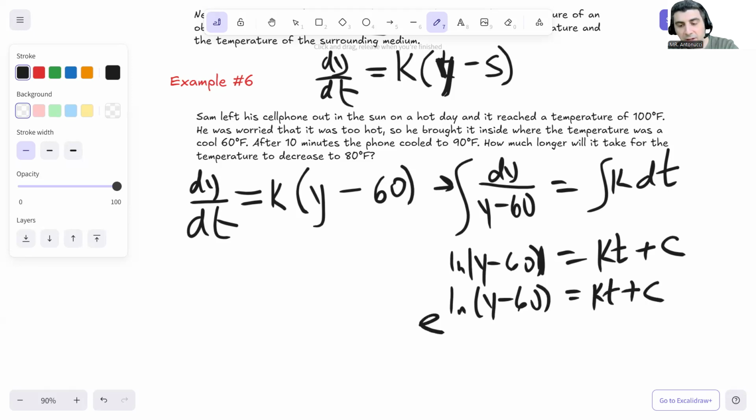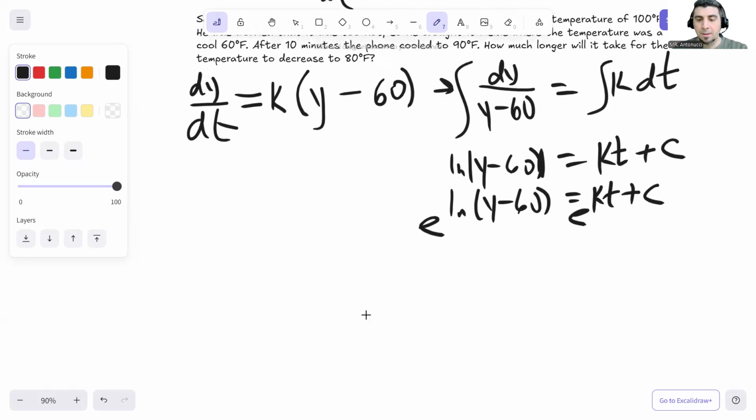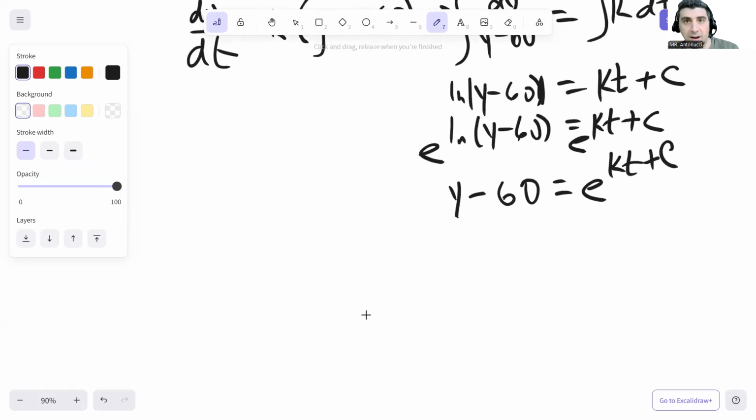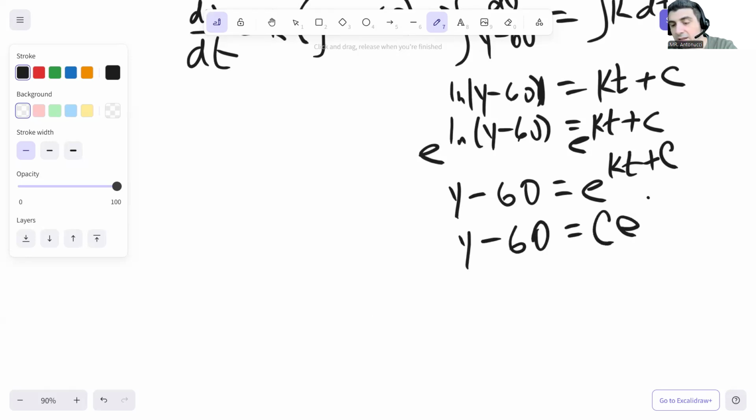And then we can exponentiate both sides. And when we do that, we would get y minus 60 equals e to the kt plus c. And remember what we said previously about adding in the exponent. So we can rewrite this as y minus 60 equals c e to the kt. And then y equals 60 plus c e to the kt.